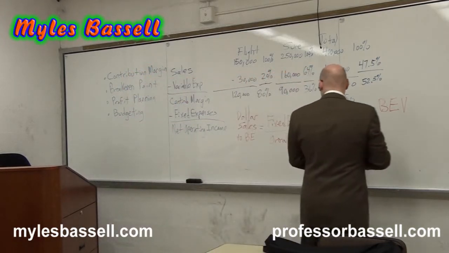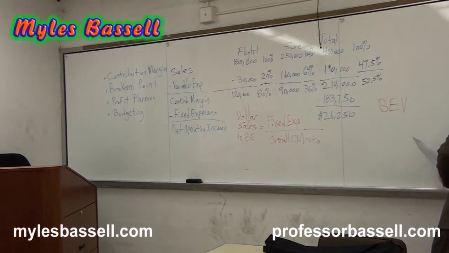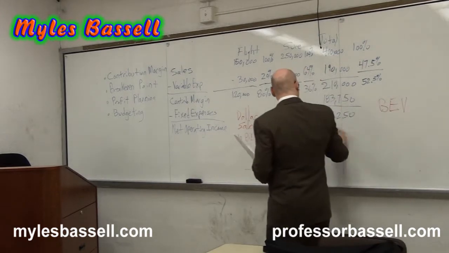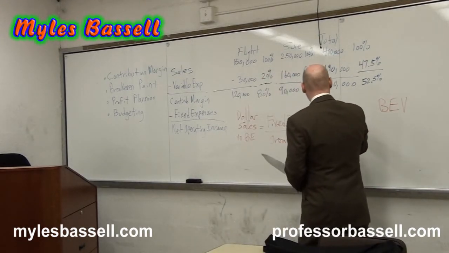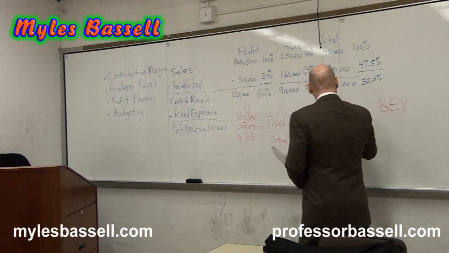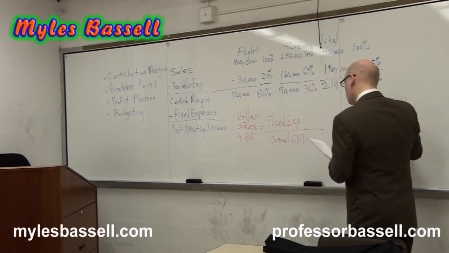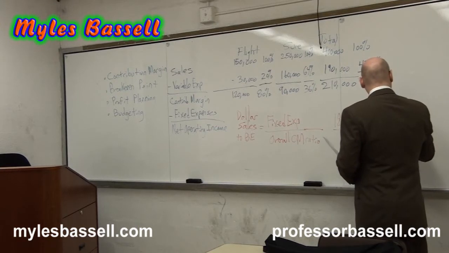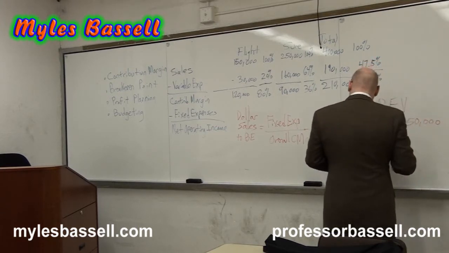So what is it in this case? How do we calculate it? What's the fixed expense here? 183,750. And that tells us that in this case it's 350,000 pesos.